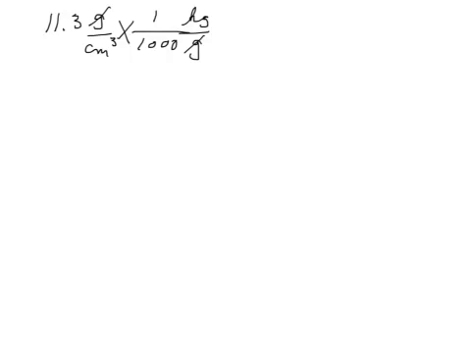We've got to get rid of the centimeters cubed. So we have to multiply, and if we put centimeters over meters, the centimeters are not going to cancel the centimeters cubed, because centimeters cubed, as you know, is centimeters times centimeters times centimeters.